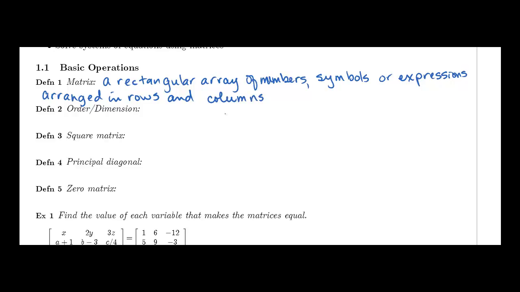And those rows and columns are what we call the order or the dimension of the matrix. We always measure a matrix, if you will, or define it as the number of rows by the number of columns.